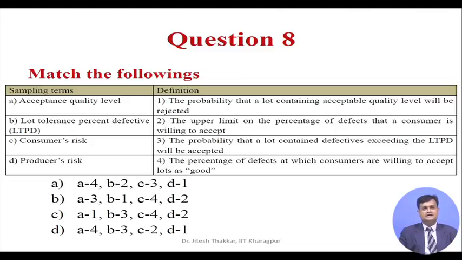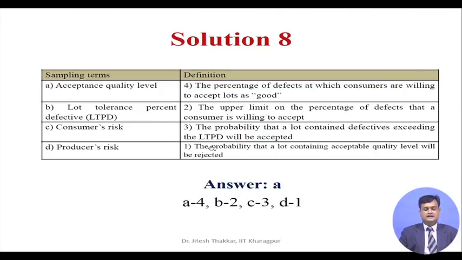You can see the options on the screen, A, B, C and D, and the correct answer is A, where A is appropriately matching with 4, the percentage of defects at which consumers are willing to accept a lot as good.